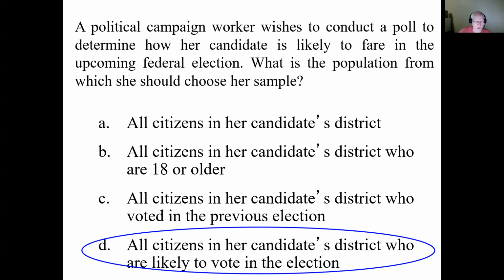All citizens in their candidate's district who voted in the previous election. People who vote before often vote again. C is not a bad choice in many ways. It's probably a better predictor than B, right? Because there is a high turnover of voters from one election to the next. You're probably getting away with a lot of people who just never vote.